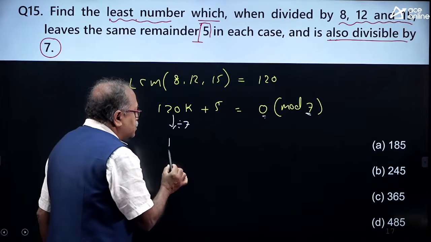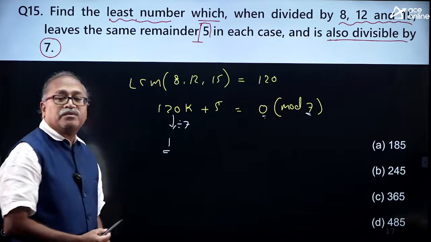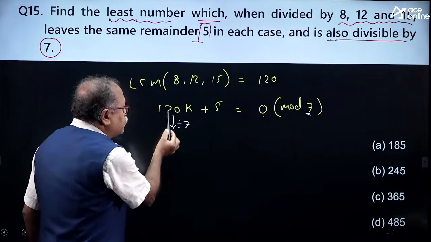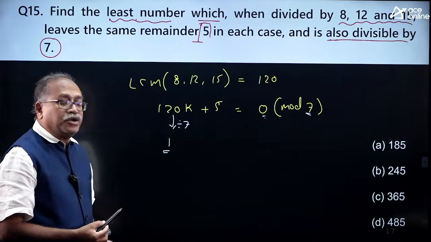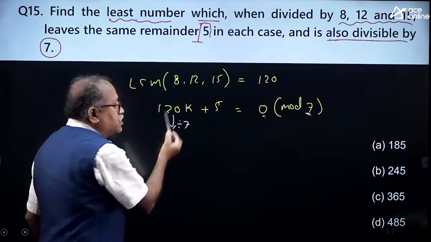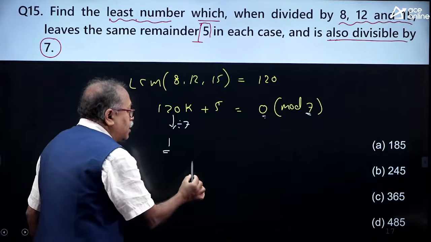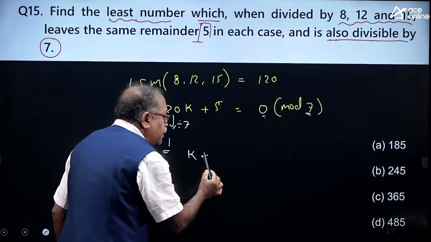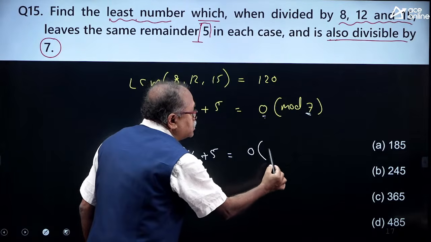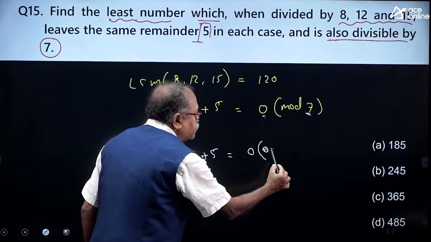The remainder is 1 over here. So, I will replace this 120 with 1. 1 into k is nothing but k. So, I get k plus 5, which is equal to 0 mod 7.